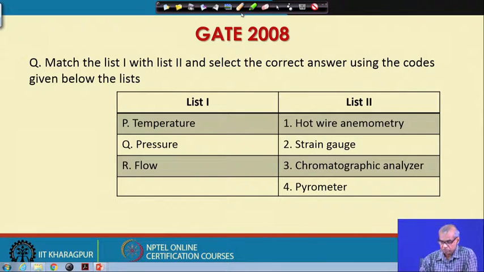So, temperature can be measured using pyrometer from the options given. Pressure can be measured using strain gauge.